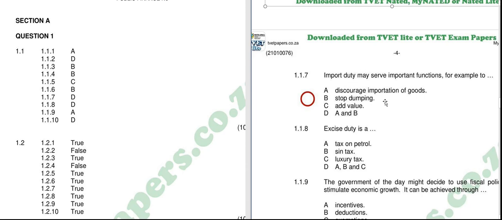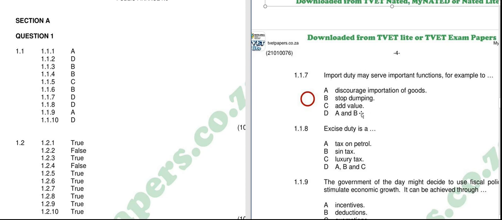So that's exactly, remember, an import duty is a protectionist measure whereby we want to protect the local industries or the infant industries that are just starting to operate, and they are going to be protected by those protectionist measures, which we have import duty as one of them.